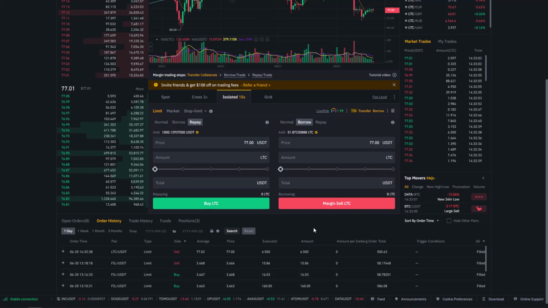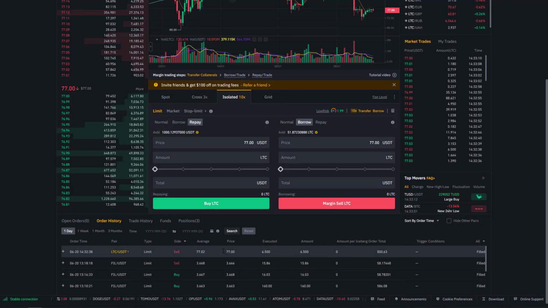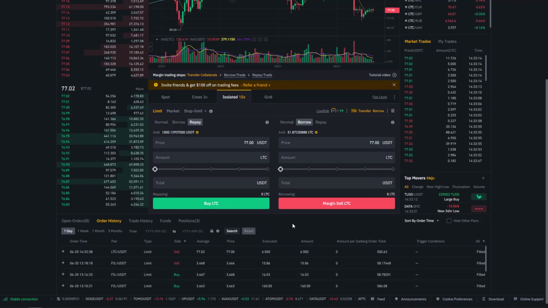Obviously, I would keep this position open, but to demonstrate how to close it, I'm going to go through that process as well so that you know how to close this position out and transfer the funds back from your margin account to your spot account.